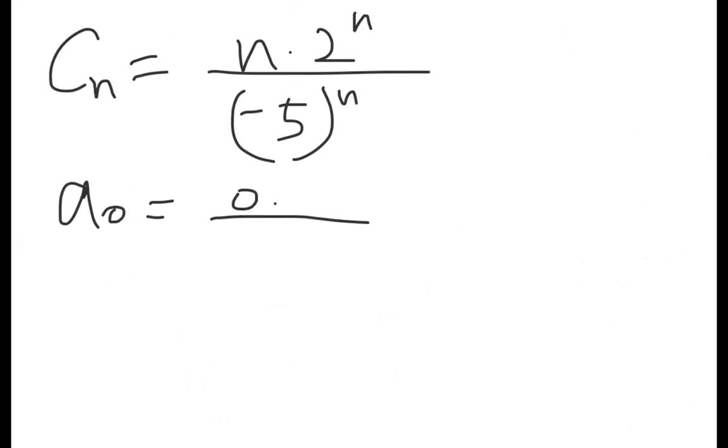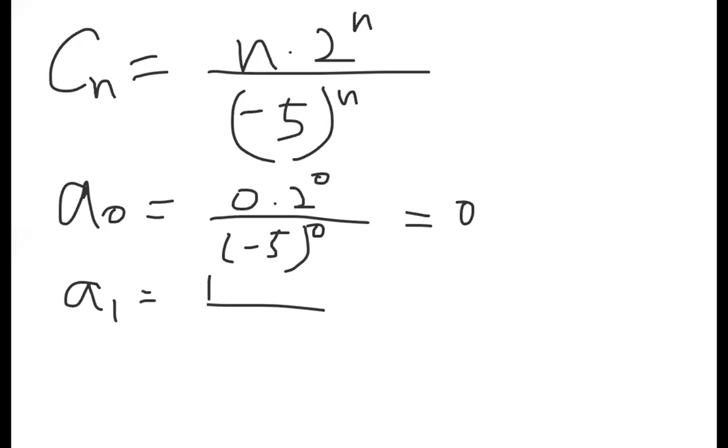So 0 times 2 to the 0 divided by 5 minus 5 to the 0 power. 2 to the 0 power is 1, 5 to the 0 power is also 1. So the numerator is 0 over 1, which is 0. A1 is 1 times 2 to the first power over 5 minus 5 to the first power, which is minus 2 over 5.